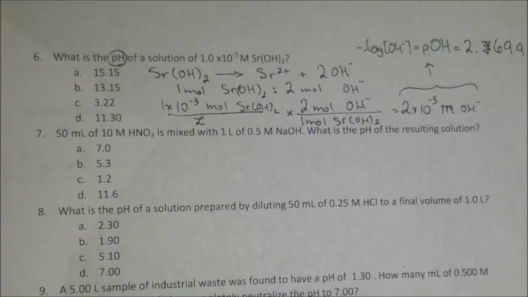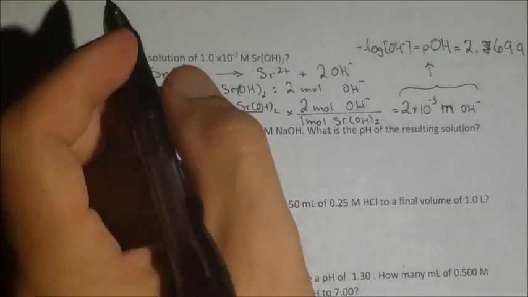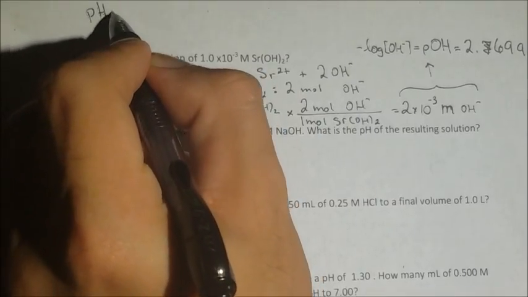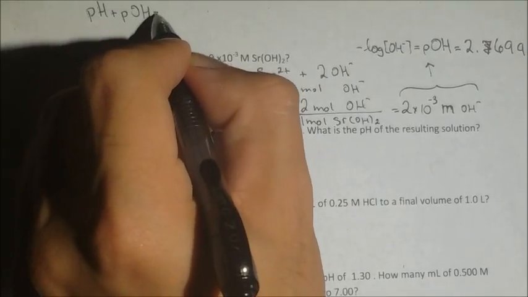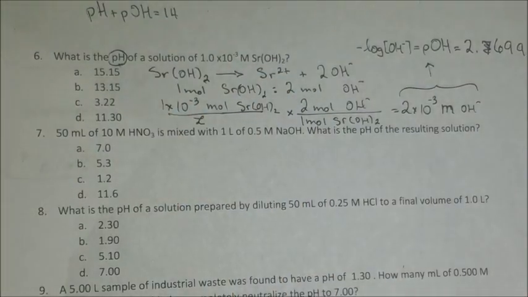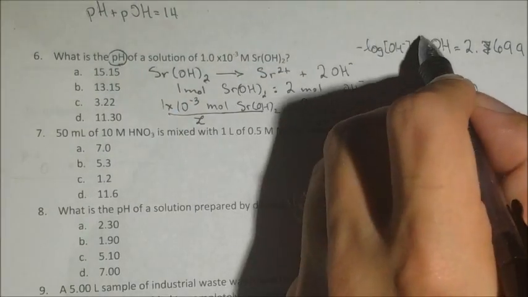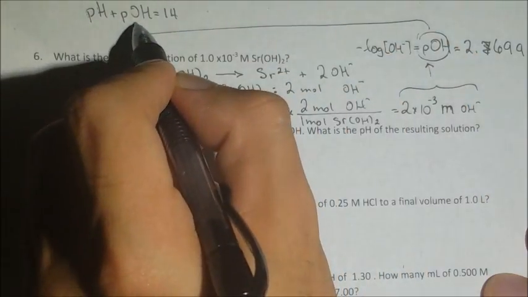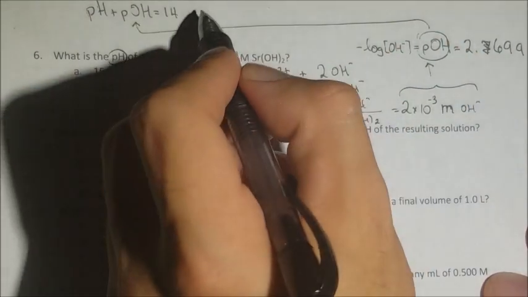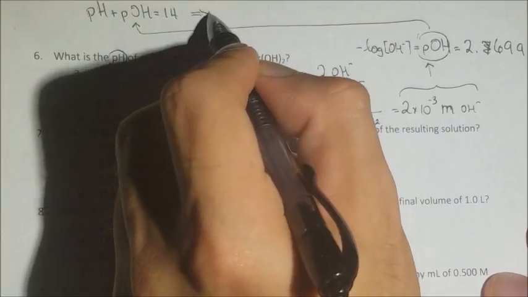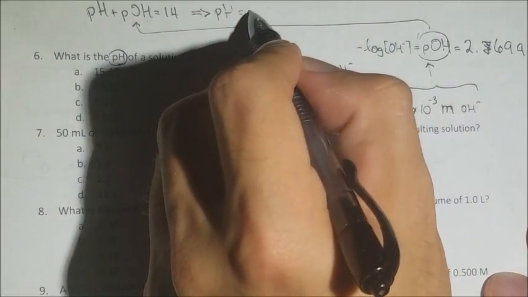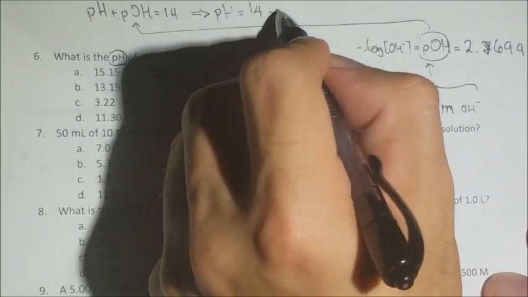In order to figure out what the pH is when the POH is about 2.7, we can employ this equation. Now we know what our POH is, that's going to go right here. So let me arrange this for pH. pH equals 14 minus POH.